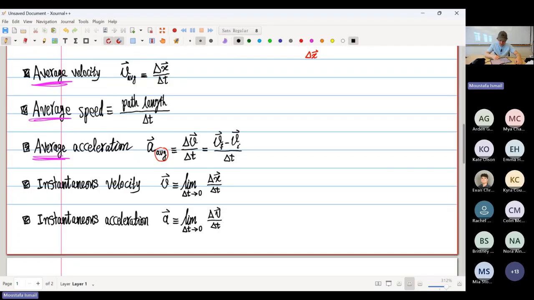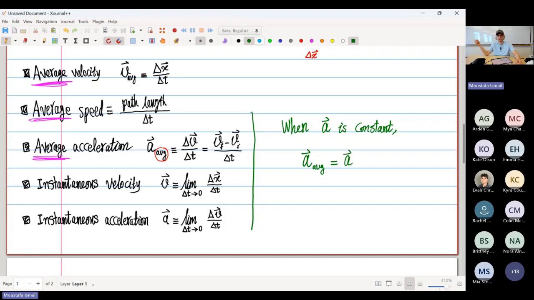This becomes v. Okay. So one thing that we want to mention is that when the acceleration is constant, so it doesn't change as time goes on, then the average acceleration equals the instantaneous acceleration, because it doesn't change.